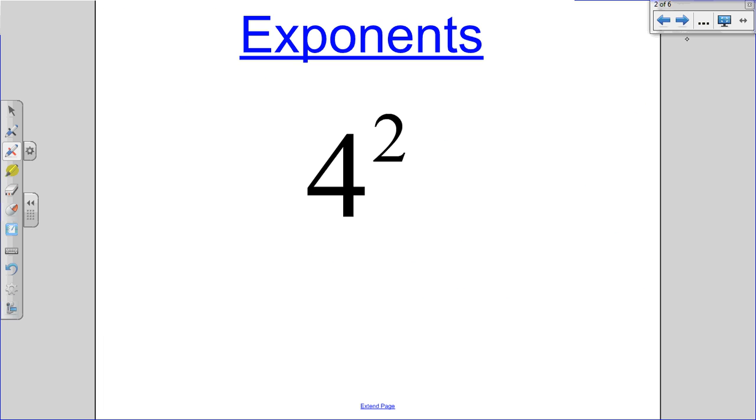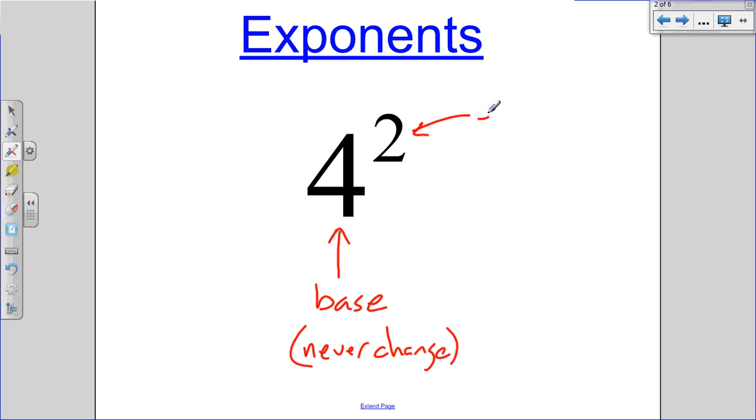So let's take a look at the pieces of exponents. So we call the 4, the big number, the base. Okay, and the bases never change. And that's key in these examples. Whereas the 2, we call that piece the exponent. And that tells you how many times being multiplied. Okay, so the number of times being multiplied or repeated.